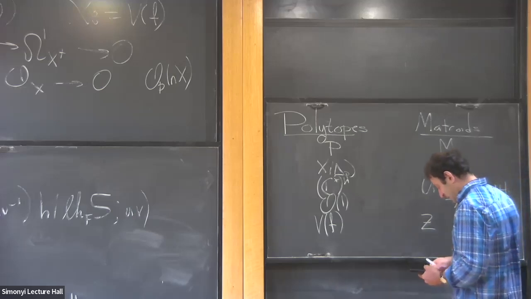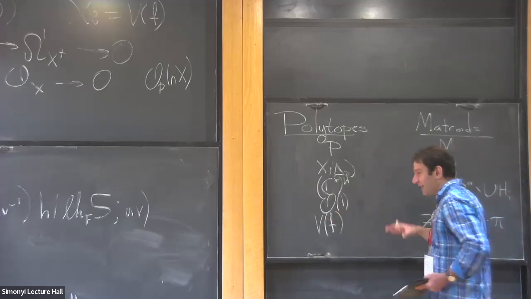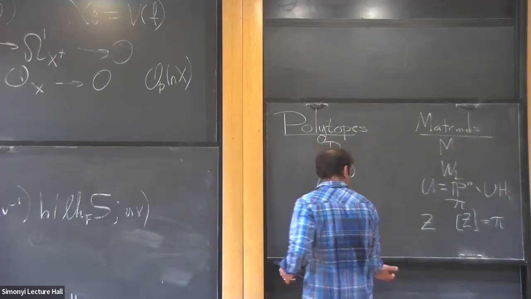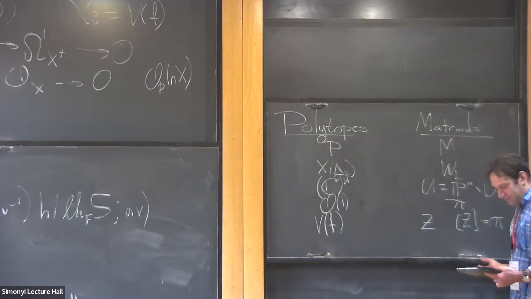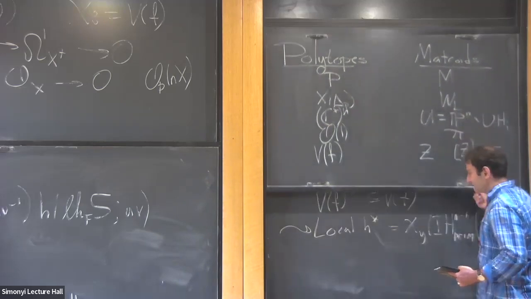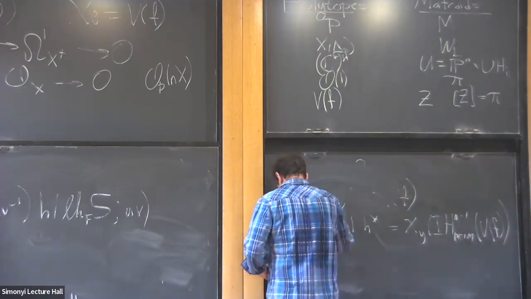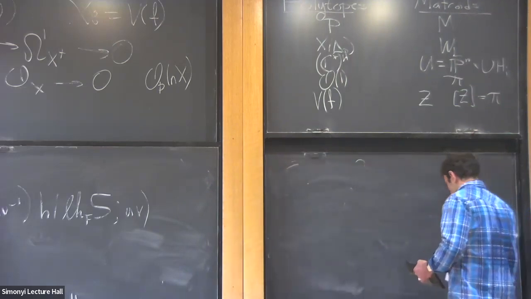Okay. So before I go to hypersurfaces, I want to tell you that you already know invariants that fit into this framework. Okay, so we know the characteristic polynomial of a matroid.